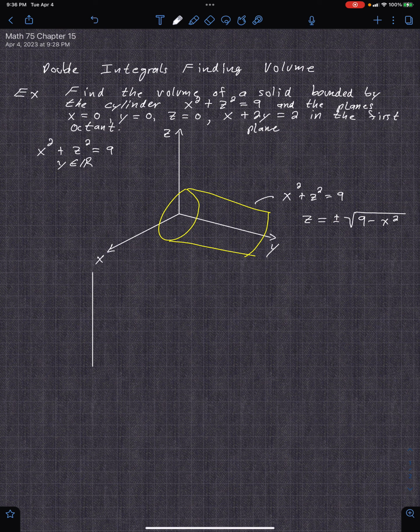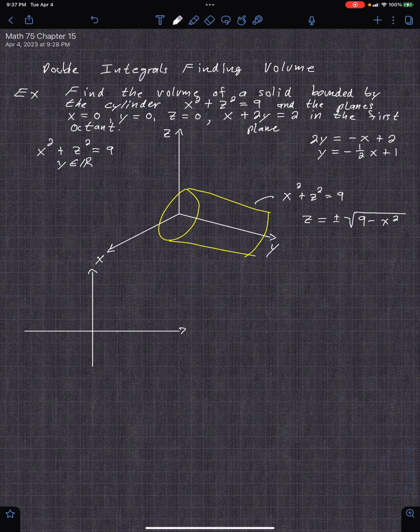Okay, so here's the xy plane, like this. And that line, if you solve for it, you'd have 2y equal to negative x plus 2. So y is equal to negative 1/2 x plus 1, which is kind of nice, right?